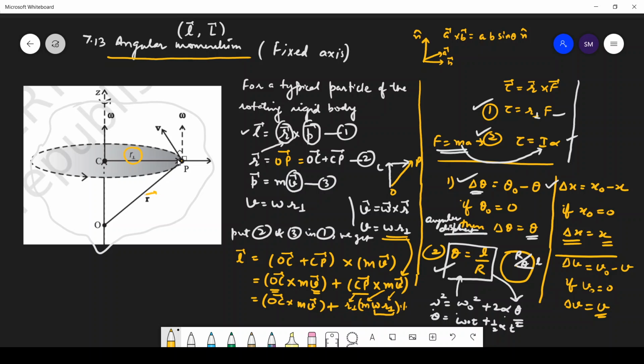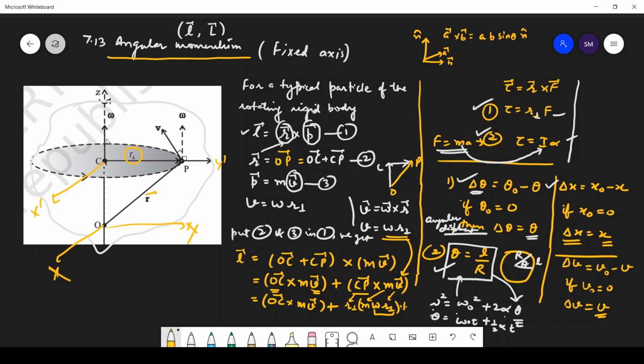So Cp and V both are in the xy plane, like x dash y dash, if we take them so. This is your xy plane, suppose. We have taken this as the y-axis and this as the x-axis, so this can be taken as x dash y dash, right?